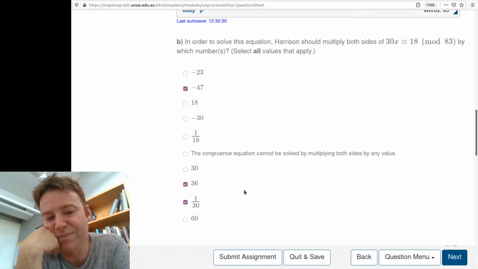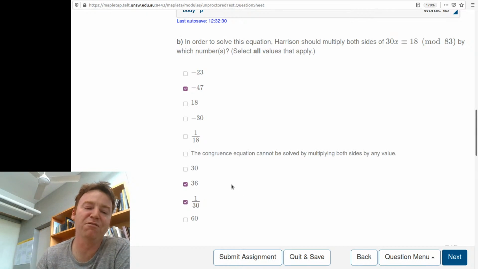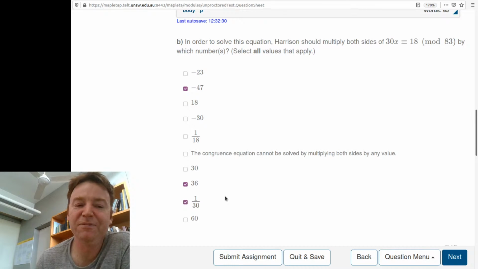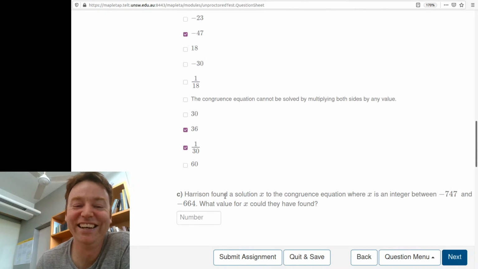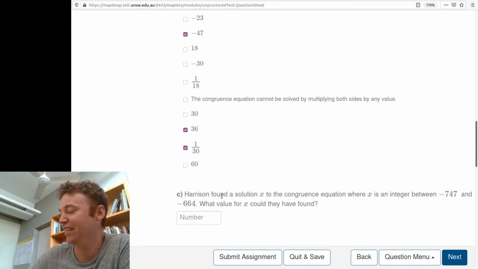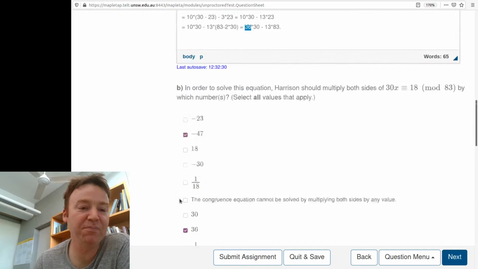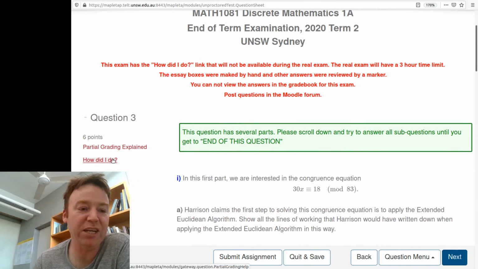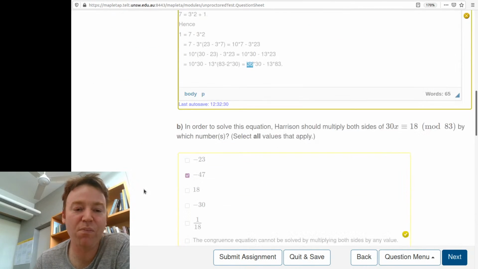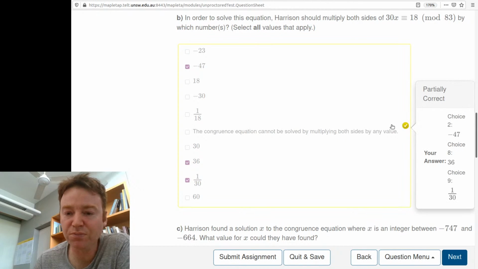I think it does want you to click 1 over 30, and as a matter of principle, I'm going to click it because the person who wrote this exam probably wants me to click it, and even though I don't like it, I can check answers. Hey, how did I do? Oh, partially correct.